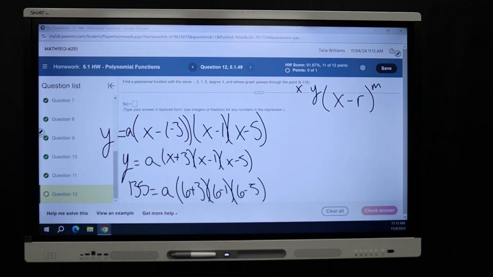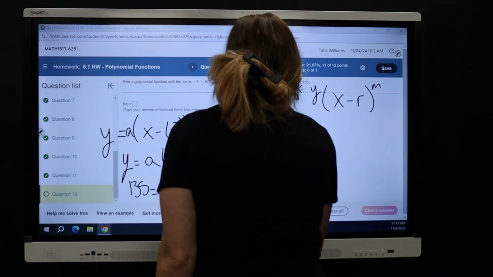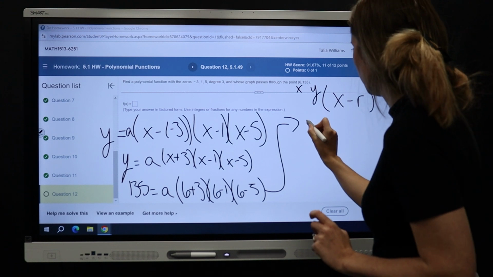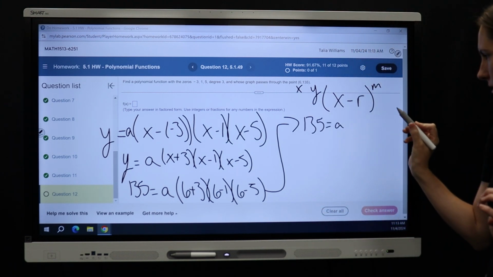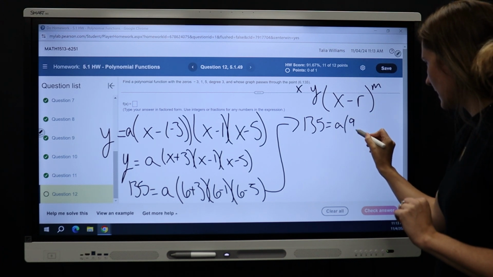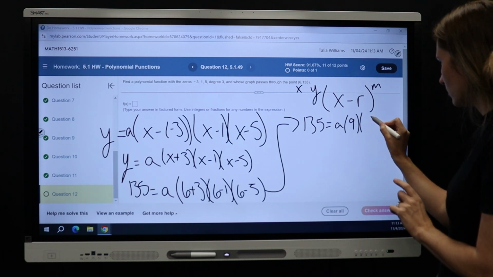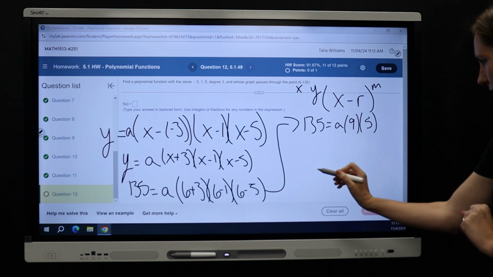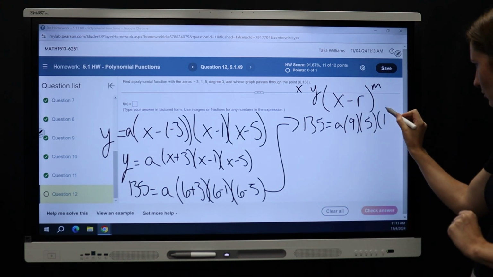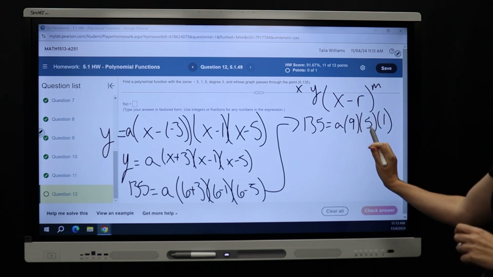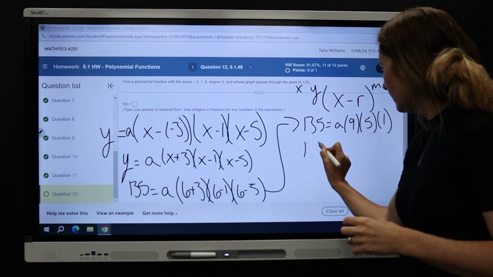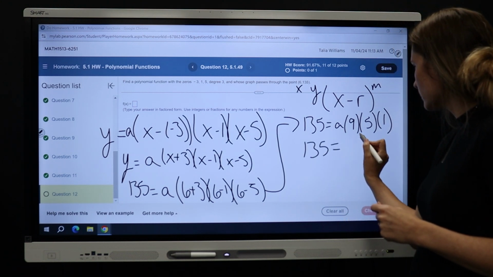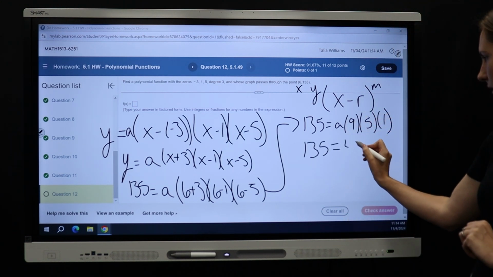I don't have a lot of room. 135 equals a, and then 6 plus 3 is going to give us 9. 6 minus 1 is going to give us 5, and 6 subtract 5 is going to give us 1. I'm going to go ahead and multiply these. So 9 times 5 is 45, times 1 is 45. So I have 135 equals 45a.